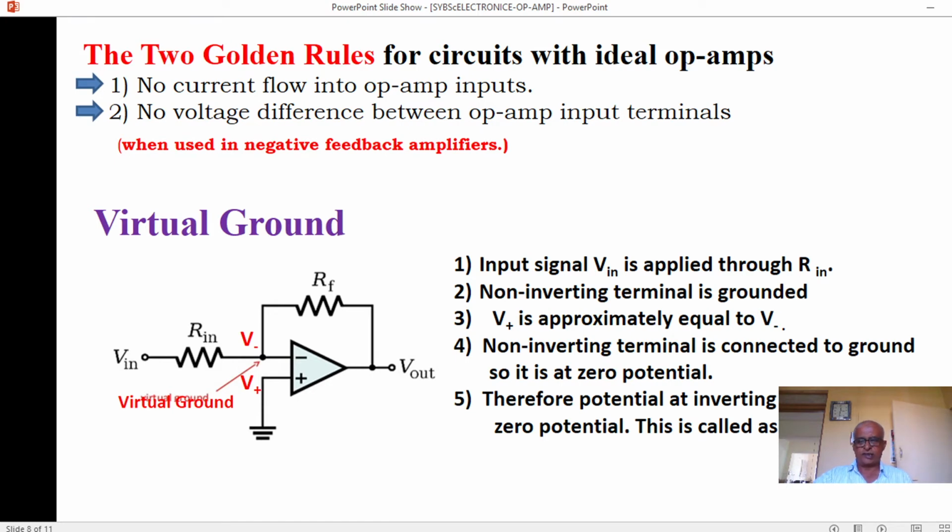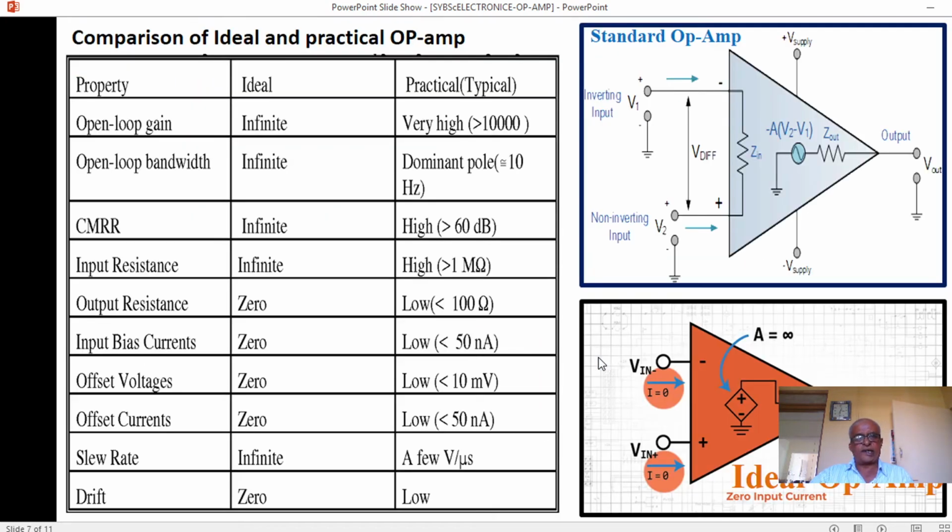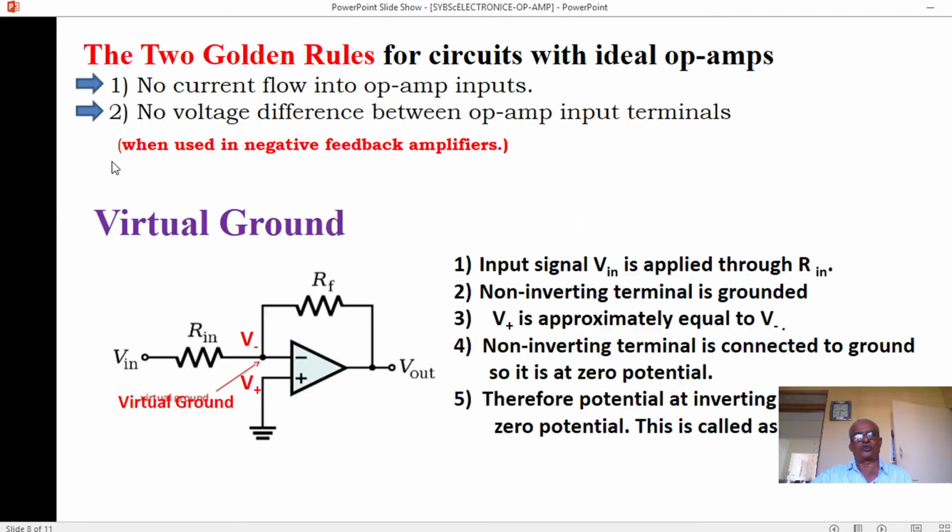As we have considered in the characteristics, the requirement is that the input resistance is infinite. Resistance is infinite means current should be 0. So this is the result, the first golden rule. As an effect of infinite input resistance, current will not flow.